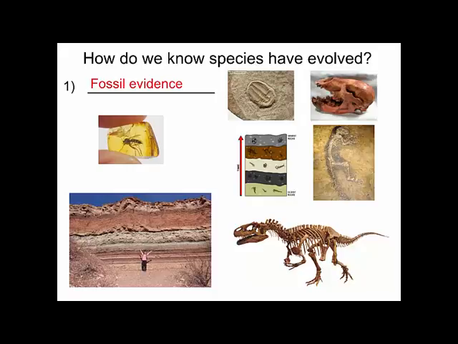So when people discovered dinosaur fossils a long, long time ago, ancient times, they didn't really know exactly what they were. And so some people think that myths about dragons and so forth came about from people observing fossils of dinosaurs that they found.